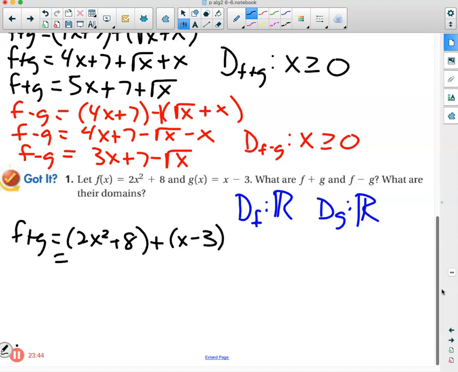Yeah. So 2x squared plus x plus 5. At least we can put it in standard form. That's kind of nice. But we're already ready for domain of f plus g because we investigated it. Both of these used all real numbers, so we can use all real numbers.